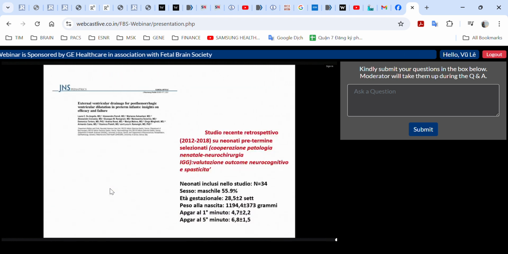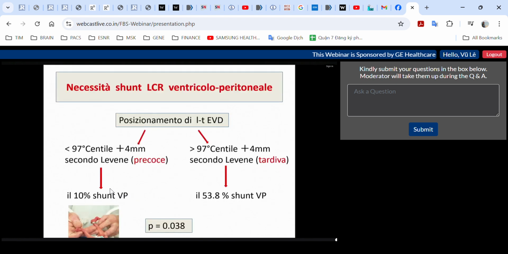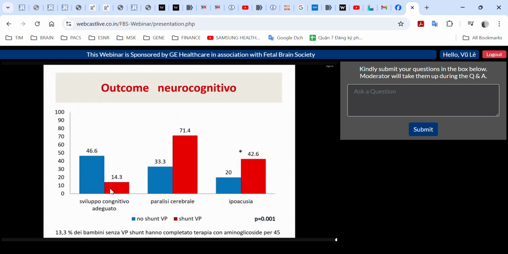This finding was confirmed by our recent article, in a series of 35 infants with post-hemorrhagic hydrocephalus treated by us. Those operated on early required the placement of a definitive shunt in a much lower percentage, and the neurocognitive outcome was certainly better than those who had received a definitive CSF shunt.